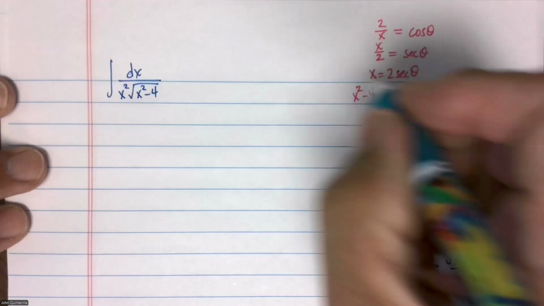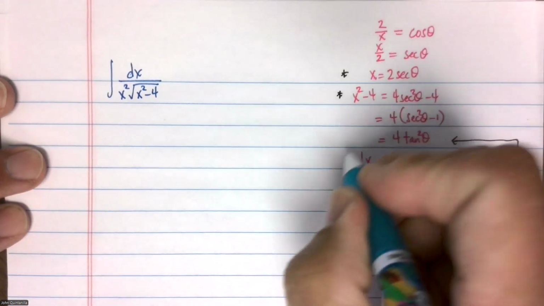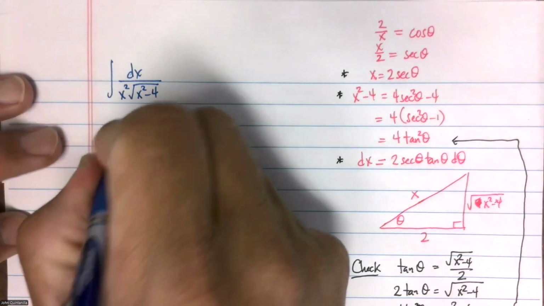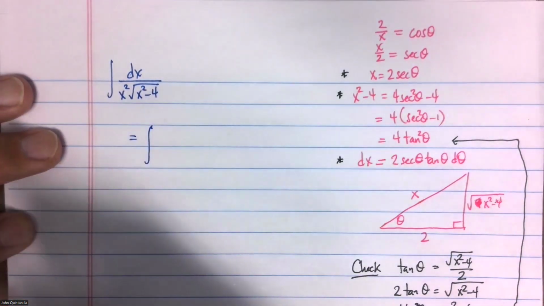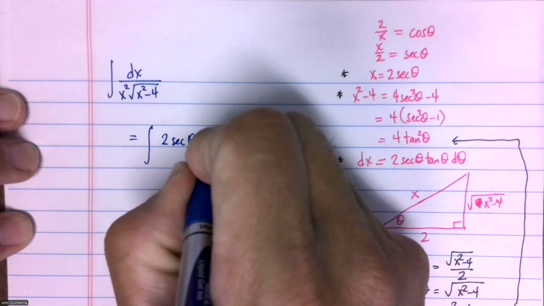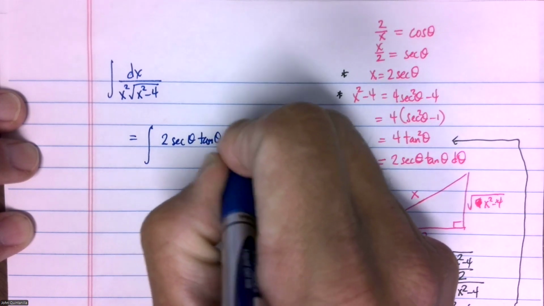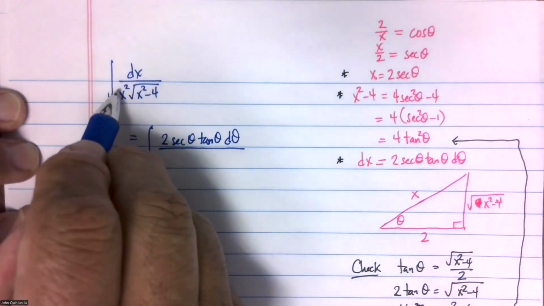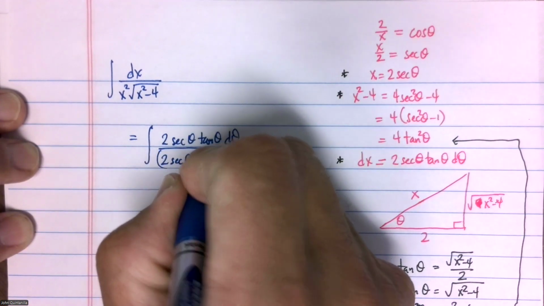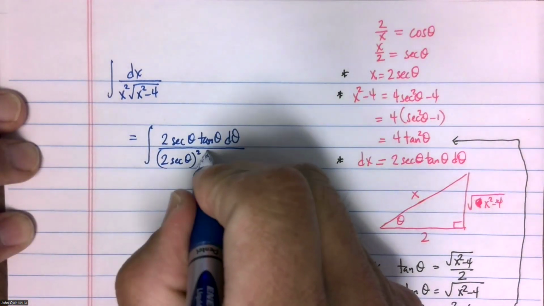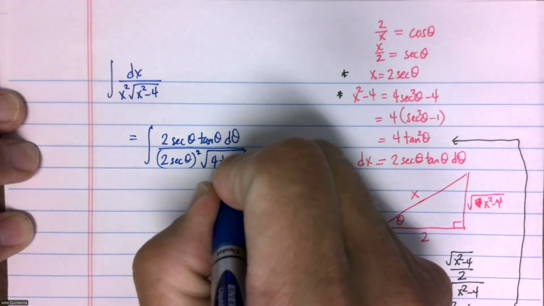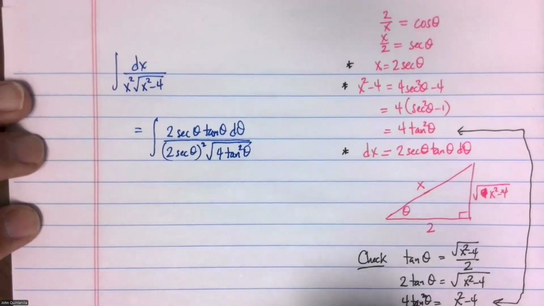The lines that I marked with stars are the things I'll be using for the substitution. So this is equal to the integral of dx, which is 2 secant theta times tangent theta, d theta, over x squared, so 2 times secant of theta, whole thing squared, and then the square root of x squared minus 4, which is 4 times tangent squared theta.